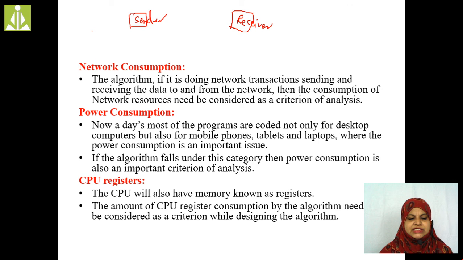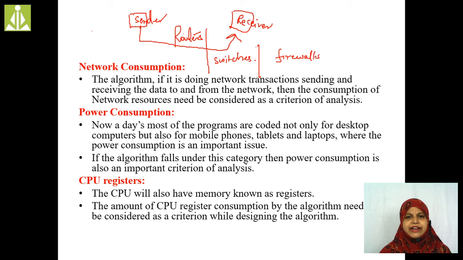Now the sender is going to send the information to the receiver, right? While the sender is sending the information to the receiver, in between in the network there are various types of routers, switches, and some sort of firewalls.